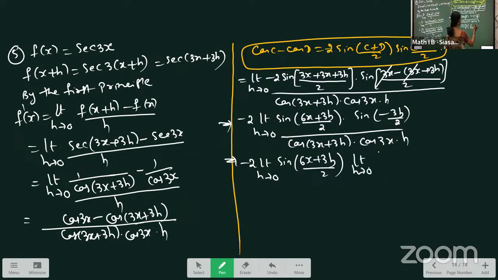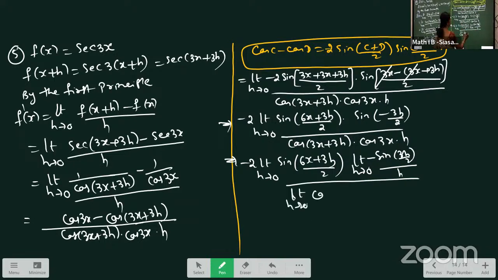Sin of minus 3h by 2 is minus sin 3h by 2. Here only the h term is there, so take it by h, by limit h tends to 0, cos of 3x plus 3h into cos 3x.